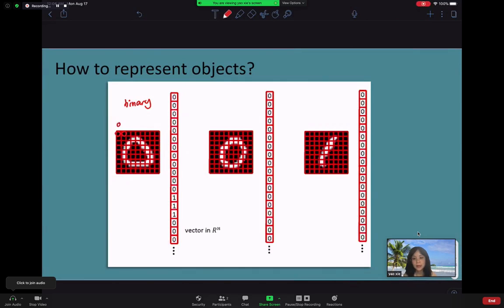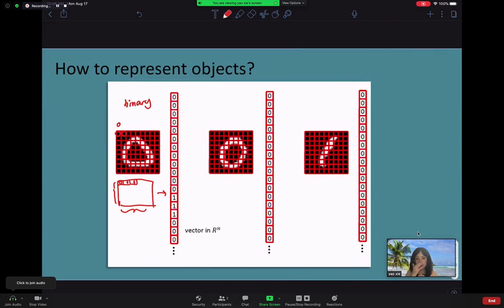If there's a stroke, then it is a 1. By representing this image by pixels, this is going to give us a square matrix, and the size of the matrix is the number of pixels along the rows and columns, and the entries in this matrix are going to be zeros and ones.